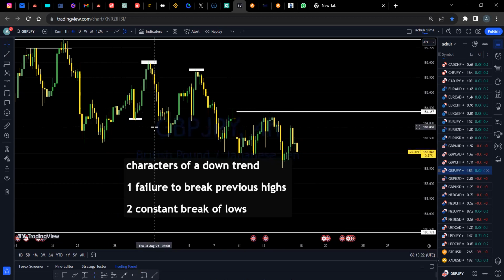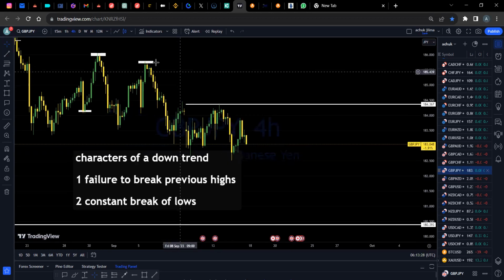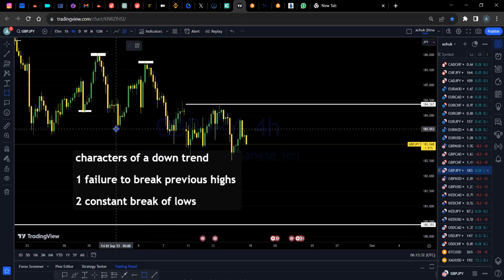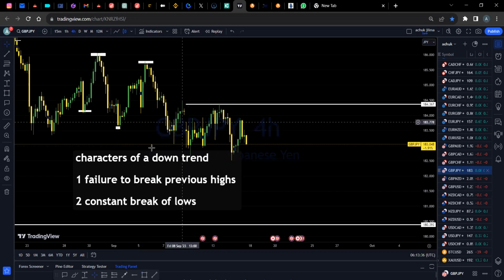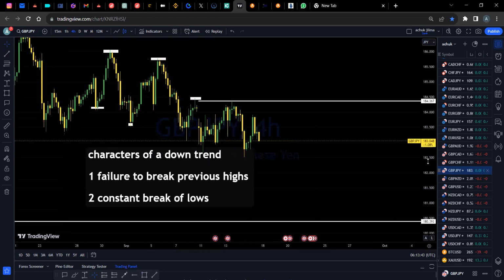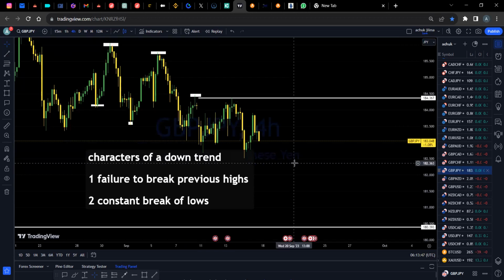So this low is being broken, and the market fails to break this previous high. So we have this high and we have this low. Price broke this low, and then went up to this high and fails to break. This broker's feed has gaps, but don't worry about these gaps. This is just a strong break to the downside.